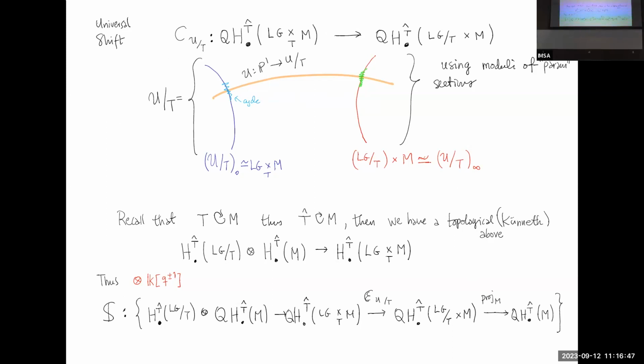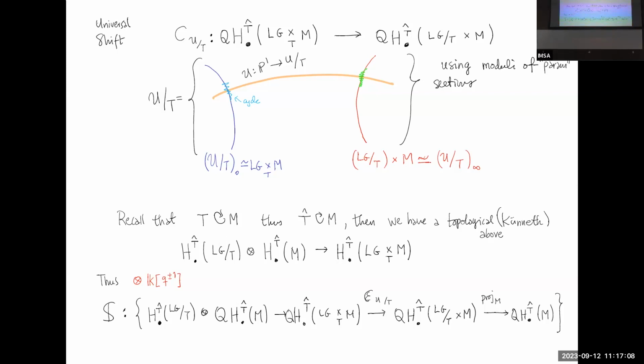So remember, for any T-hat space that you can have, there is always a map topologically constructed from the equivariant cohomology of LG mod T to the twisted space. So this is the twisted product LG cross M mod T. And so this is what we do.